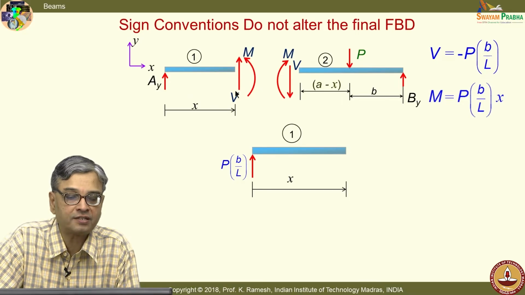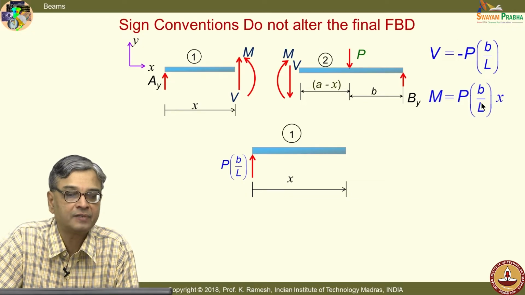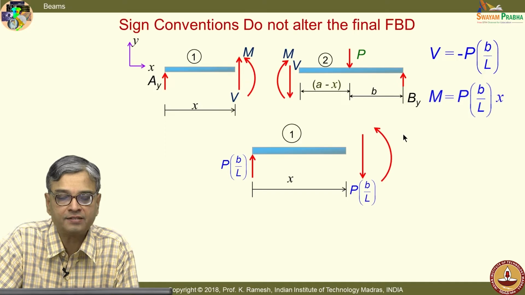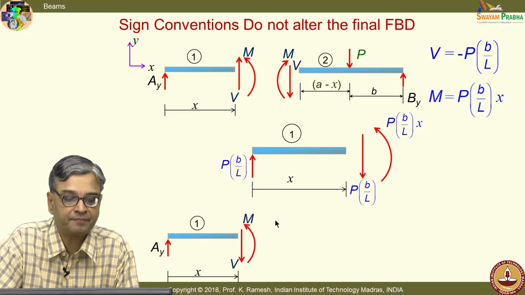Originally, I assumed this is in this direction. My mathematics has given the answer as negative, so I would reverse it. This is what I would put in the final free body, PB by L, and this as PBx by L.